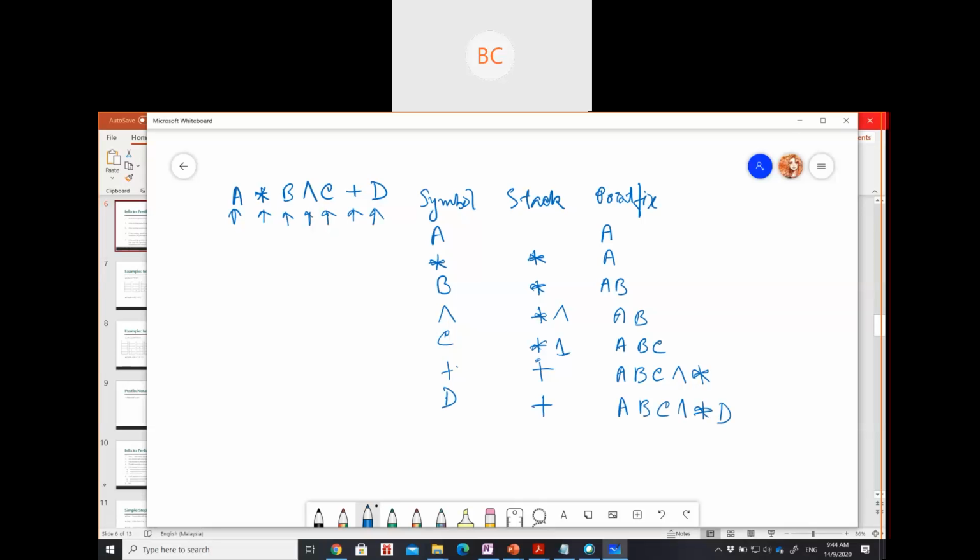Okay, now you have nothing to scan, it's just N. So you will simply pop out this addition symbol and put it in your postfix notation. So this is your actual postfix notation.